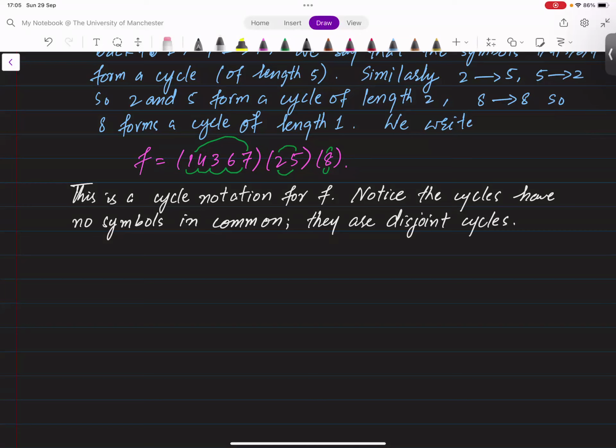Now it is easy to move back from the cycle notation to the original notation if desired.